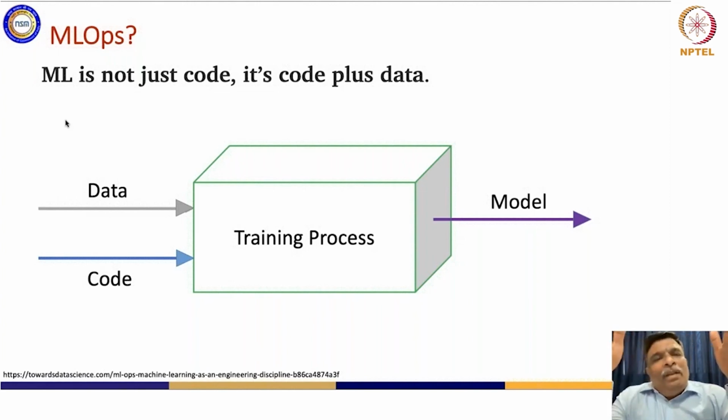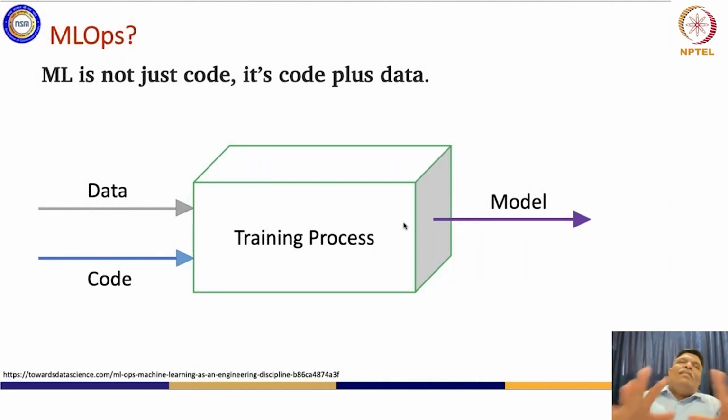Now this basically means that you have a situation like this, where you have the data, and the program or application code, then you do a training process onto some model, but you have the software code as well as the data to be used with it.